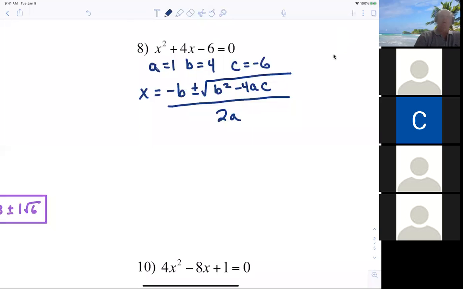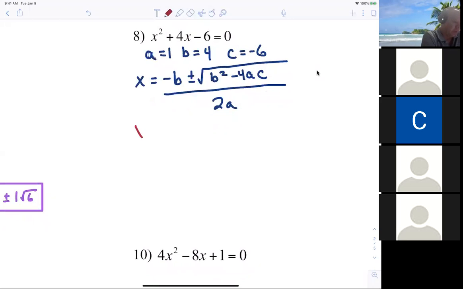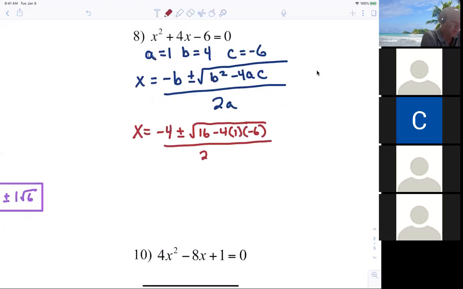Okay, let's take a look now. Let's see how things are going. Let's plug things in, see how you're doing. So X equals -4 plus or minus the square root of 16 minus 4 times 1 times -6, all over 2.